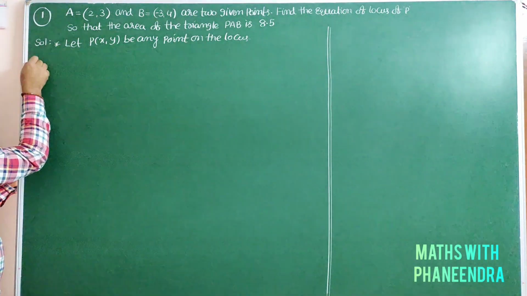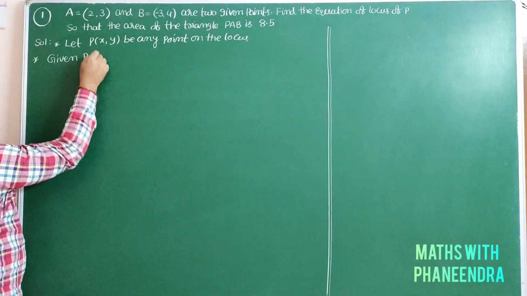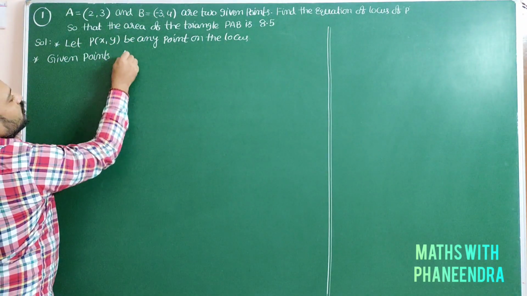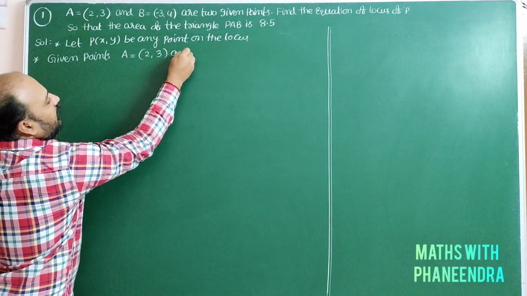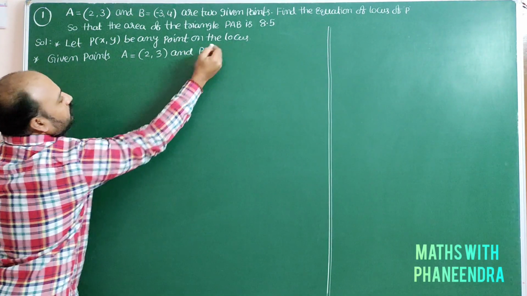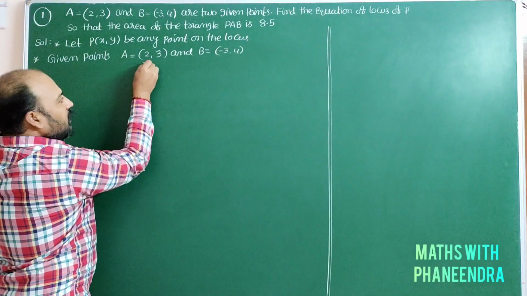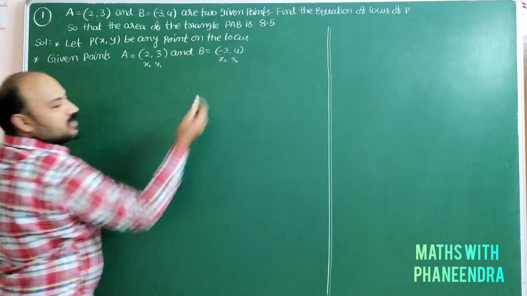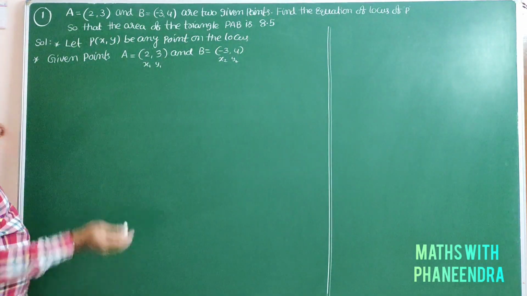In the second step, given points, you write A and B. So A equal to 2 comma 3 and B equal to minus 3 comma 4. First point x1 y1, second point x2 y2. Sir, where is the third point to calculate that area? The given point itself we will take it.